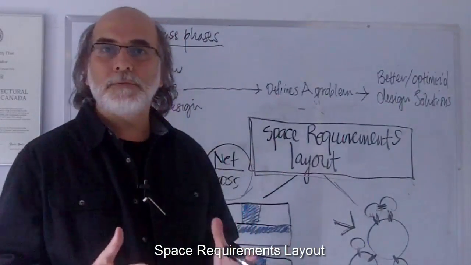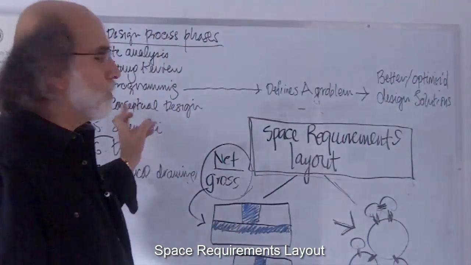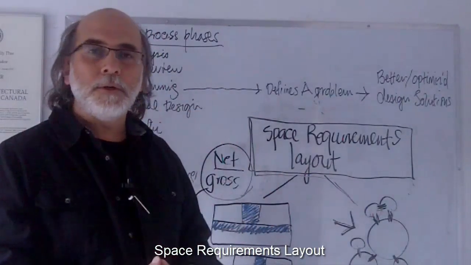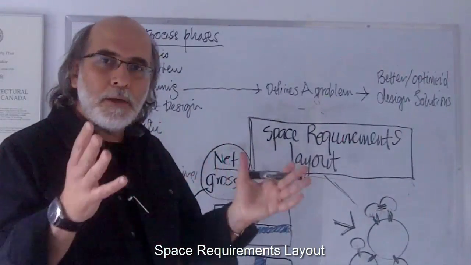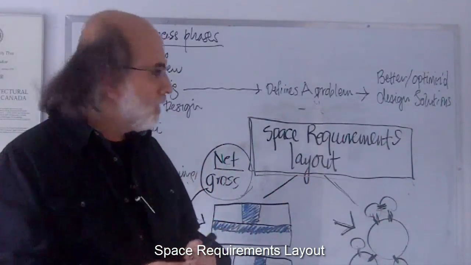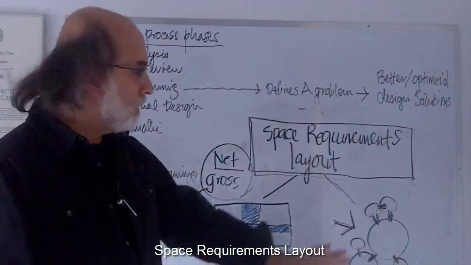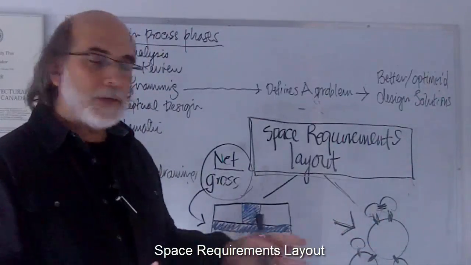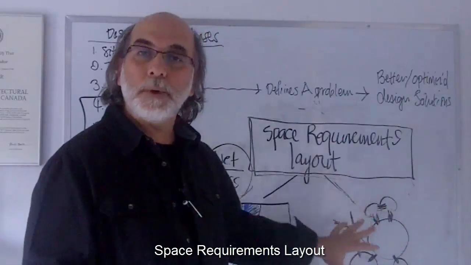This is a major component of the schematic design stage that comes after we find the concept, we know our direction, we know where the inspiration is coming from, and we define our alternatives, and now we move into the space requirement layout. The space requirements layout has two components that I would like to capture here. The first one is what we call the bubble diagram.